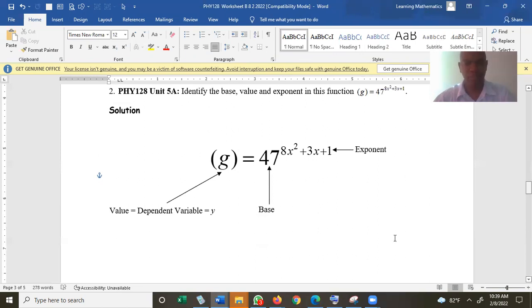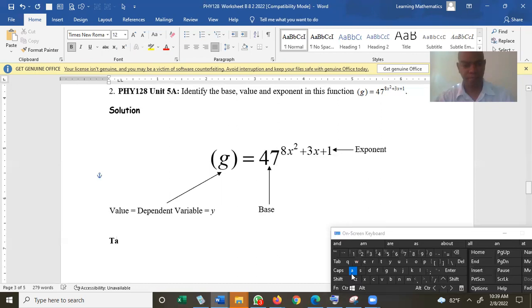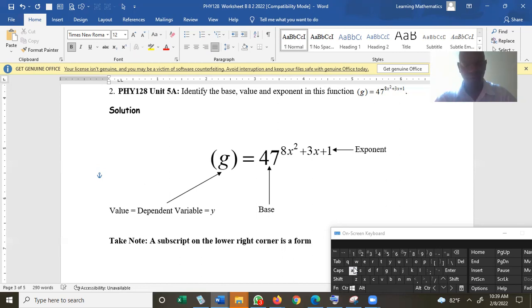As we are here now, it is a good idea to recall or to take note. A subscript on the lower right corner is a form of labeling in mathematics.